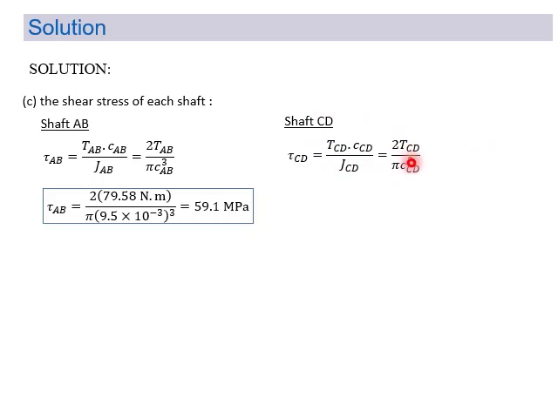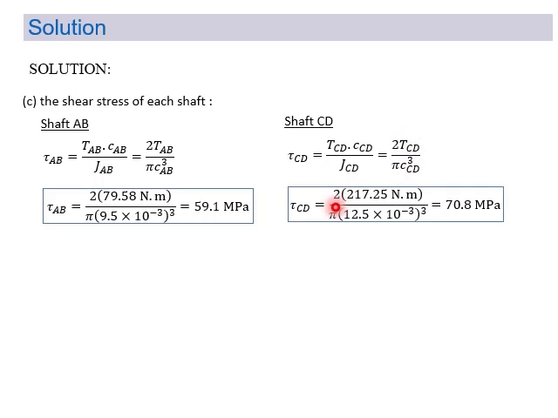For shaft CD, using the similar equation, we can also calculate the shearing stress, but we will use the torque that we calculated for shaft CD. From the previous slide, we know that the torque applied to shaft CD is 217.25 Newton meter, divided by pi times radius to the power 3.